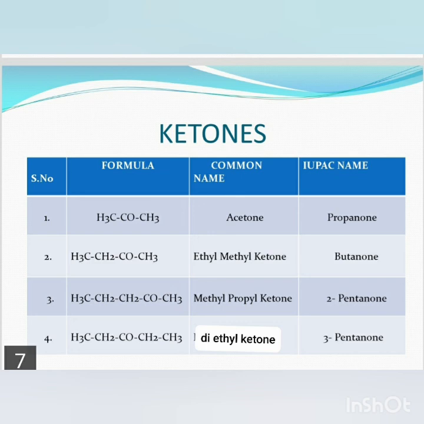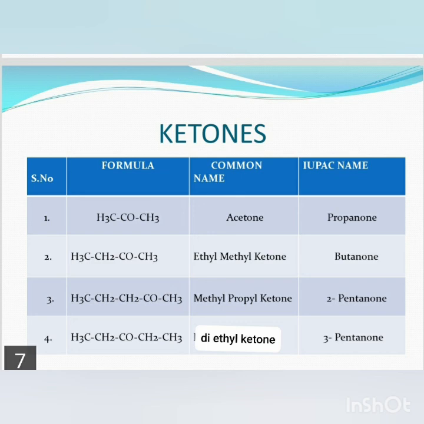C double bond O means "-one". The secondary suffix of ketone is "-one". So, prop plus "-ane" plus "-one", so, propanone.